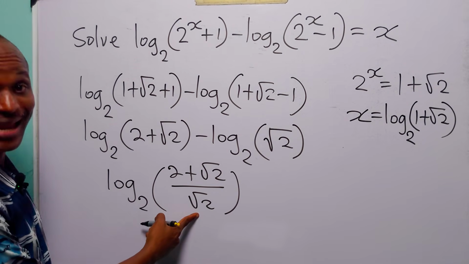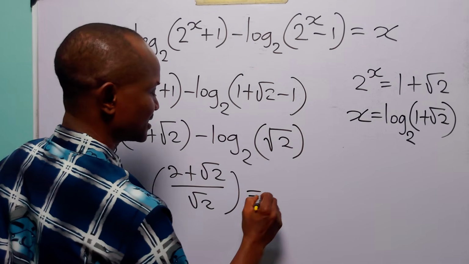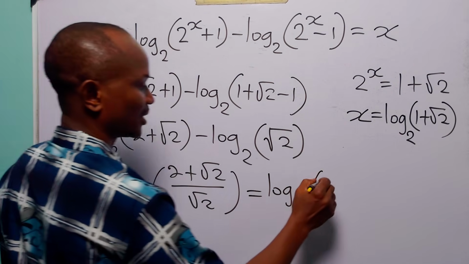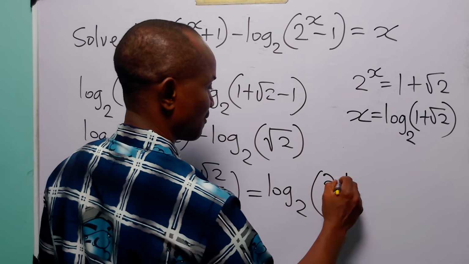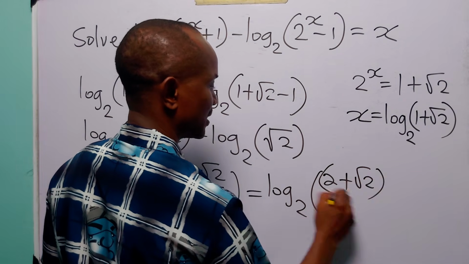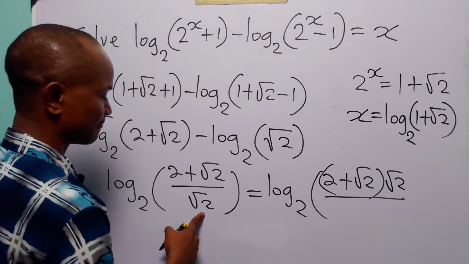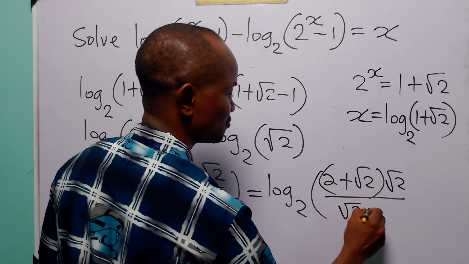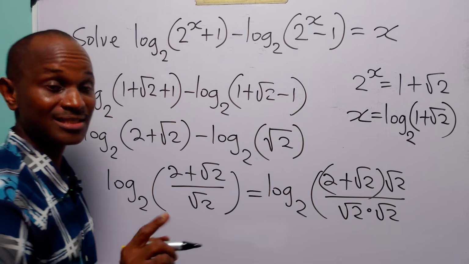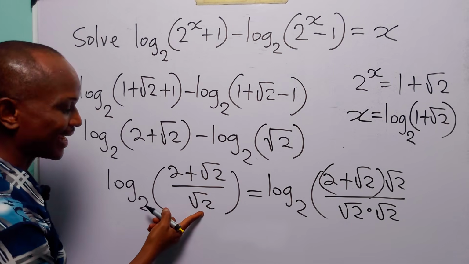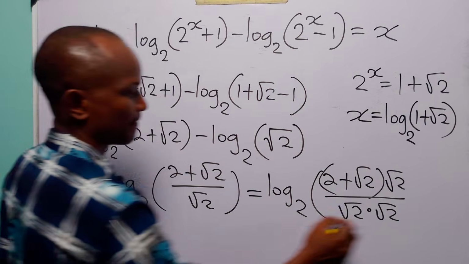Now, when we rationalize this denominator, this is the same as log base 2 of (2 plus root 2) times root 2 divided by root 2 times root 2. That is, we are multiplying both the numerator and the denominator by root 2.